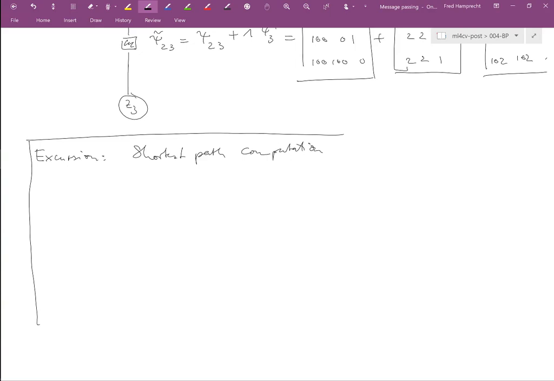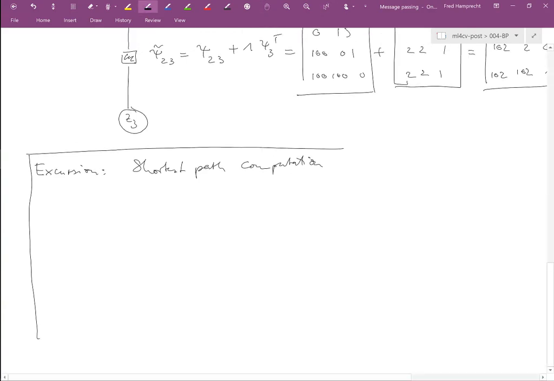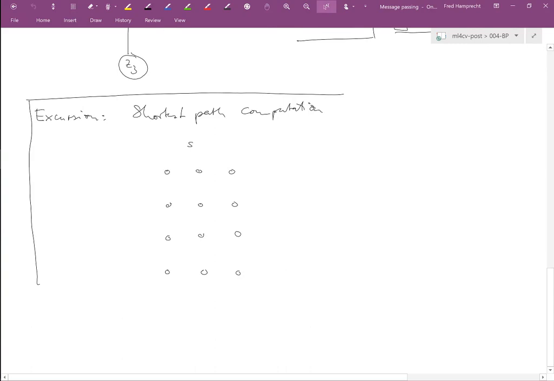And the basic idea is this. Let's consider a trellis. A trellis is a regular graph. I'm considering here a directed graph where I have possible transitions as indicated here.